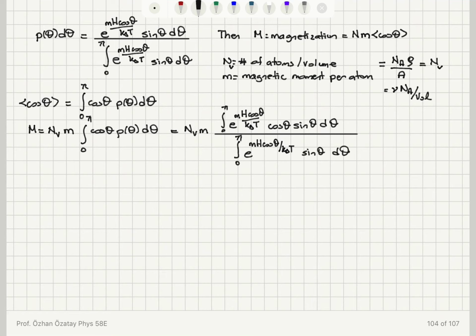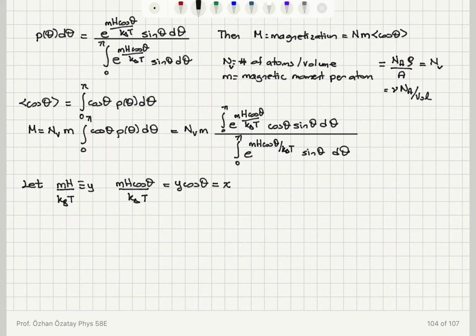Now, in order to perform these integrals, let's call mh over kBT y. So I define this as y. And with that, mh cosine theta over kBT, which is y cosine theta, I will call x.